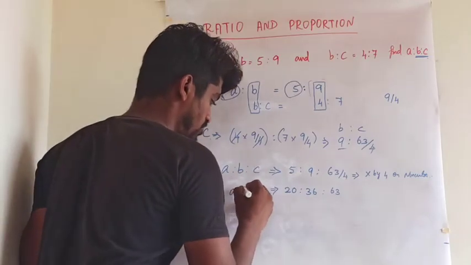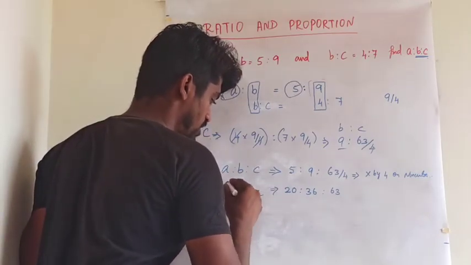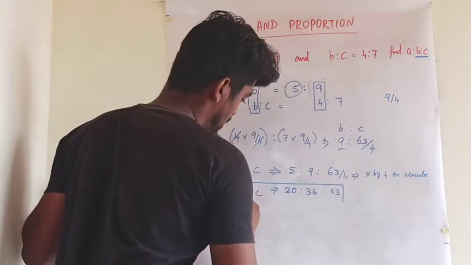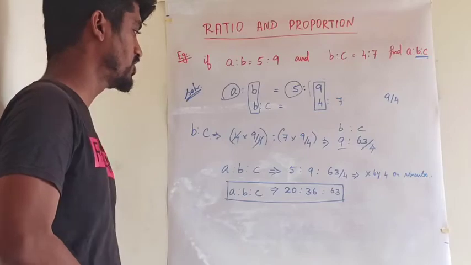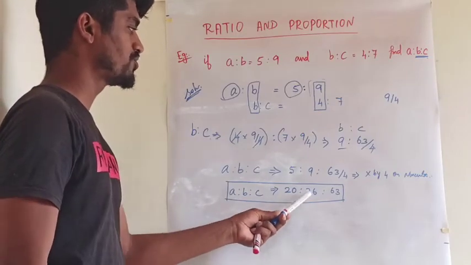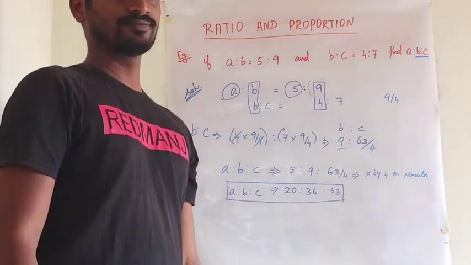So the A is to B is to C ratio of the given format can be converted into 20 is to 36 is to 63.